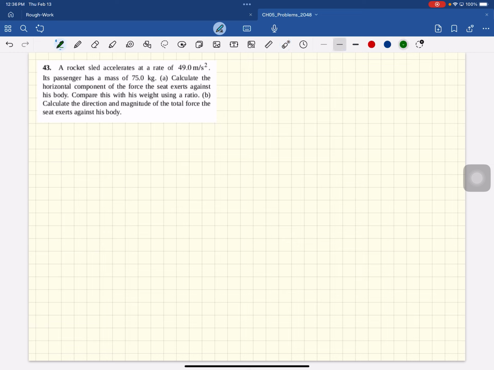Okay, so here we'll do that. Here is the passenger, and the acceleration is 49 meters per second squared.